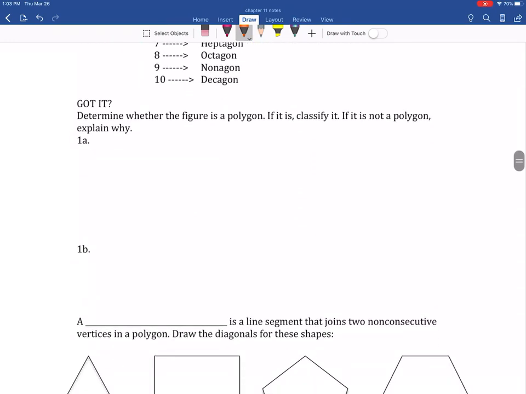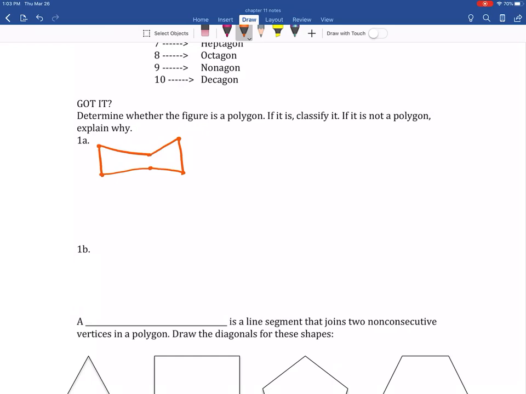So the instructions here say determine whether the figure is a polygon. If it is, classify it, and if not, explain why. So this first one looks like this. Is this a polygon? Well, I look at it, and it's a closed figure.